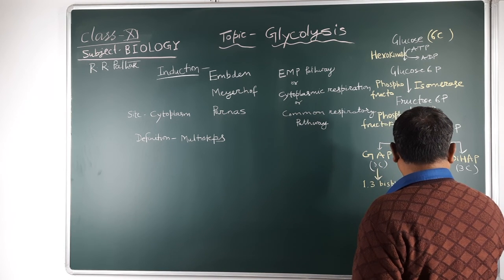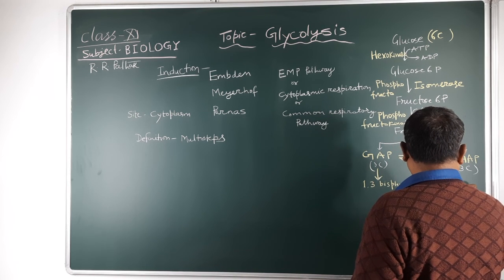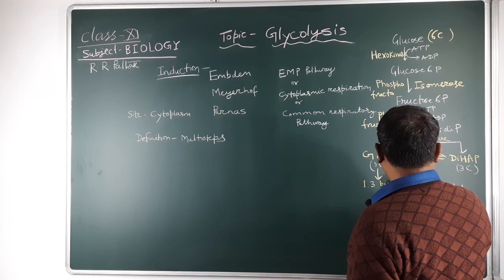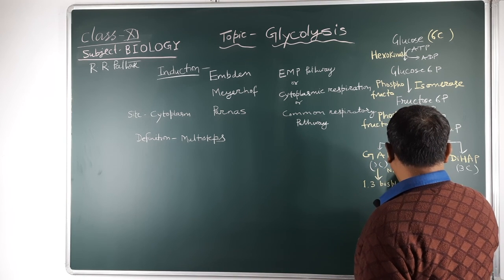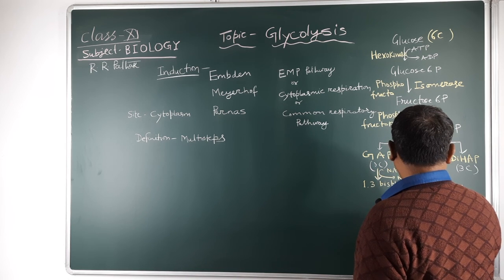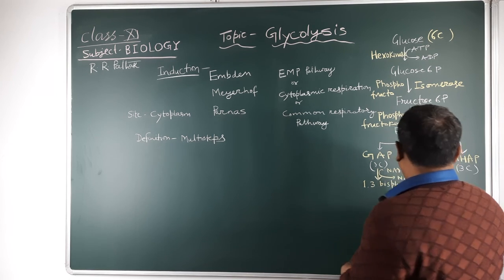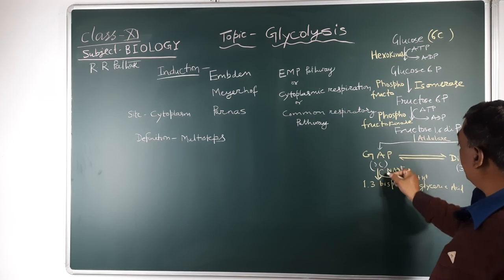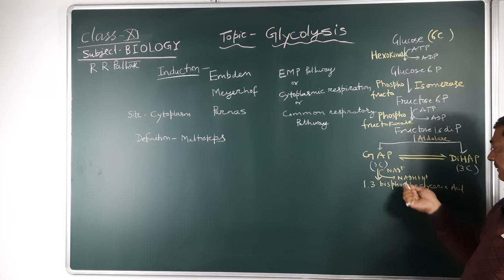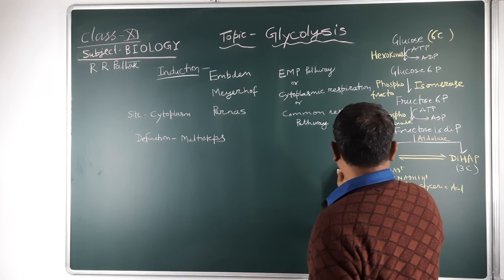In presence of NAD plus, NADH2 or NADH plus H plus is formed. Glyceraldehyde 3 phosphate is converted into 1,3 bisphosphoglyceric acid in presence of an enzyme called dehydrogenase.